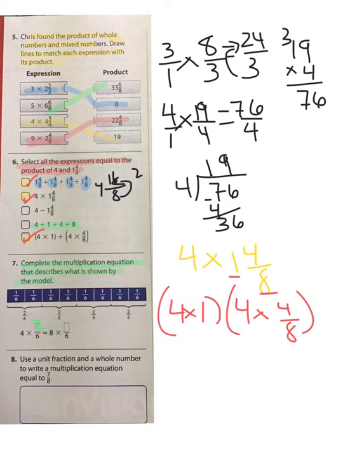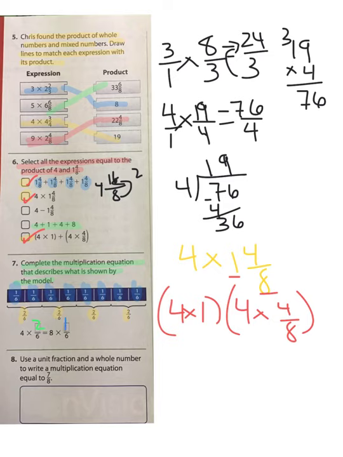Let me highlight it for you so I can see. So there are 4 times 2/6 because there's 1, 2, 3, 4 of them. But there's also 8. I'm going to switch my color. 1/6. So here's 1, 2, 3, 4, 5, 6, 7, 8. So there's also 8 1/6.